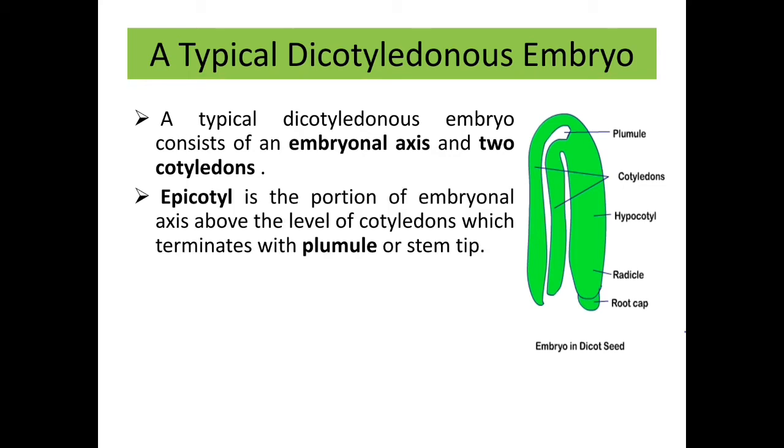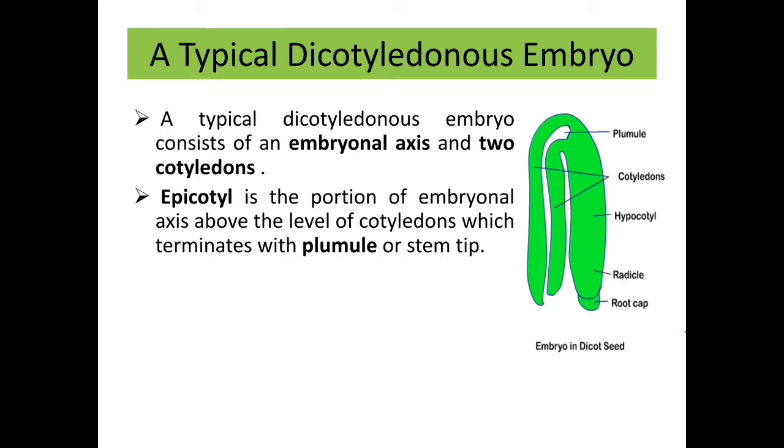Epicotyl is the portion of the embryonal axis above the level of cotyledons, which terminates with plumule or stem tip. Here you may see that plumule is marked. Plumule is the terminal portion of the embryonal axis, and it is also known as stem tip.